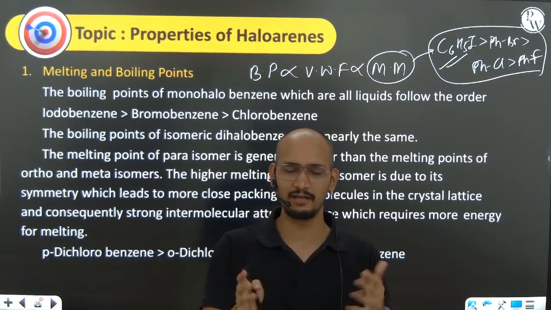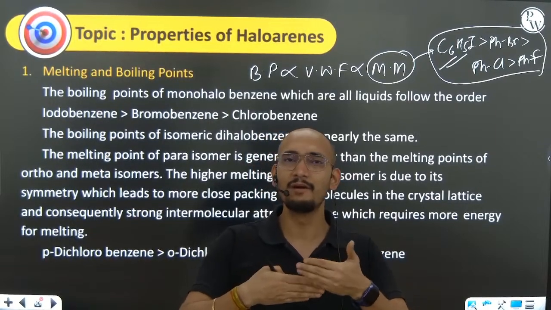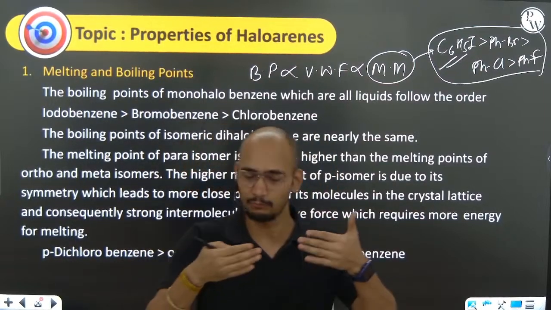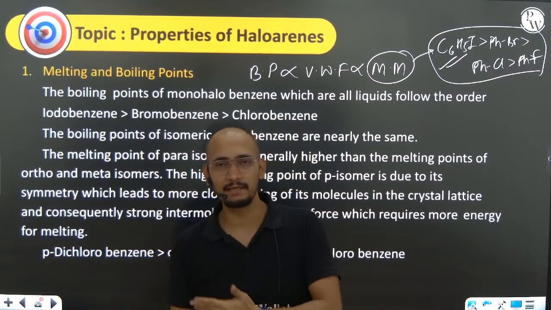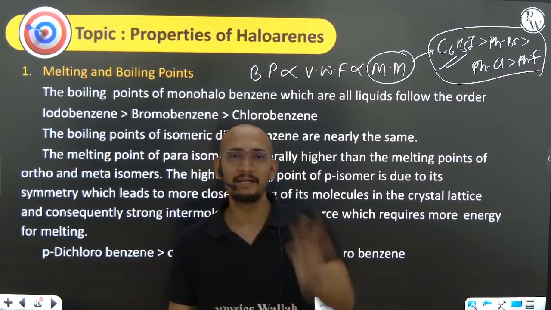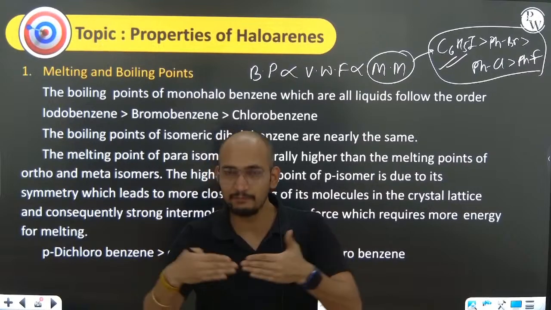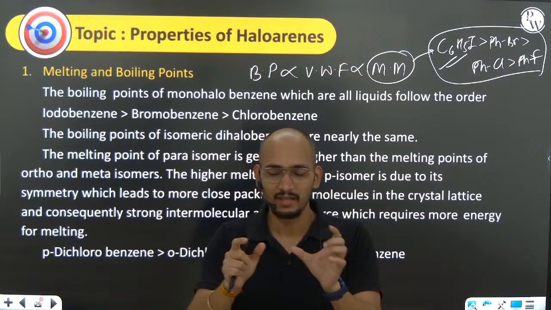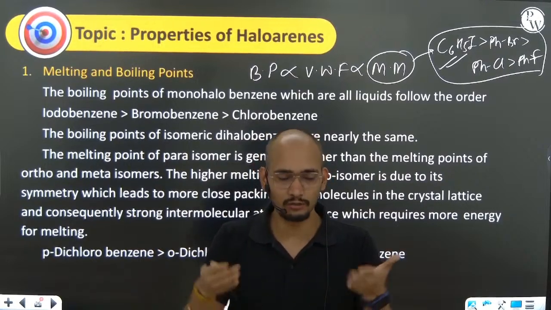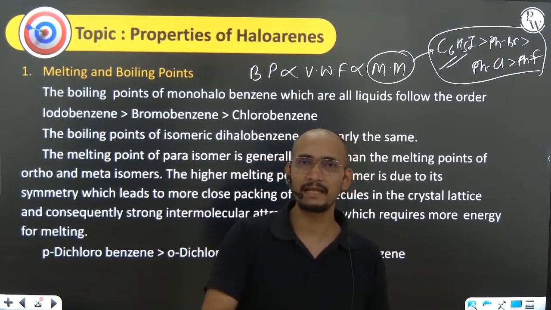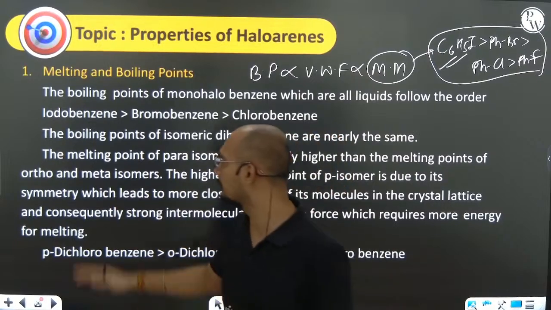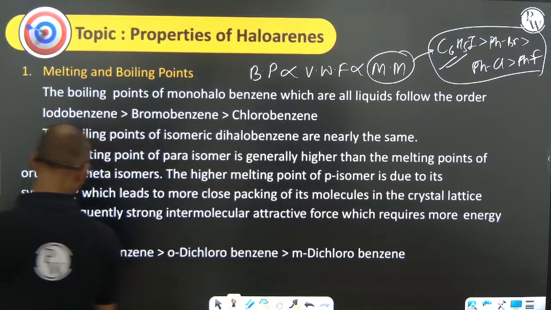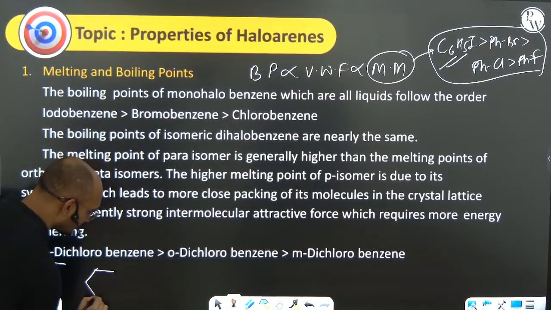Now if they are in the crystalline form, the better the packing efficiency, the better they can be together. So here what happens, the more the symmetry, the better packing efficiency or better packing fraction there will be. So always remember, in such cases, if you talk about melting point, para becomes more. Why is para more? Just think about it.